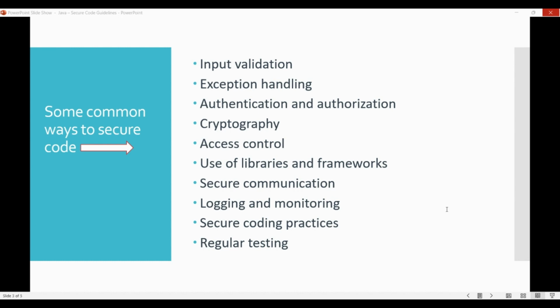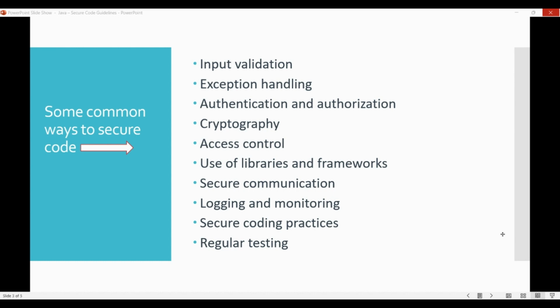Use libraries and frameworks that have been reviewed and are known to be secure, and be sure to keep them updated. Then secure communication, that is, use of secure protocols like HTTPS to encrypt communication between the client and server. Through proper logging and monitoring, implement logging and monitoring to detect and respond to security incidents.